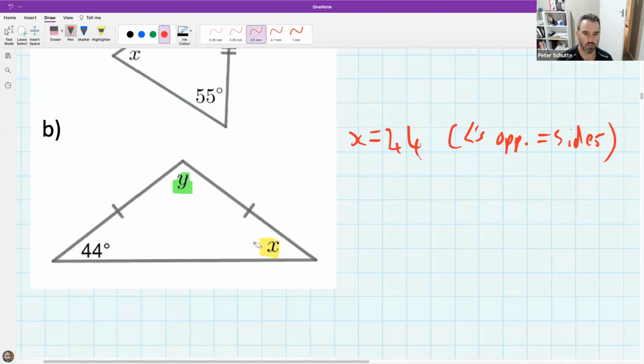What's y going to be? Well, this is a triangle, and we know all triangles add up to 180. So if I just take away what's already in the triangle from 180, I should then be able to get my answer. Put my reason below.